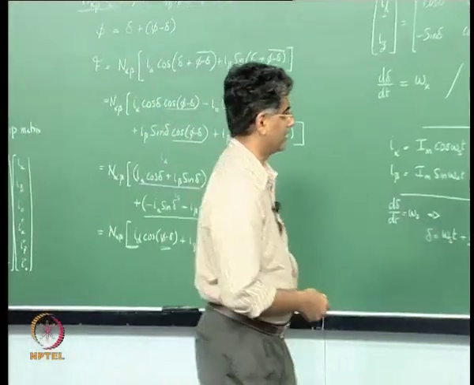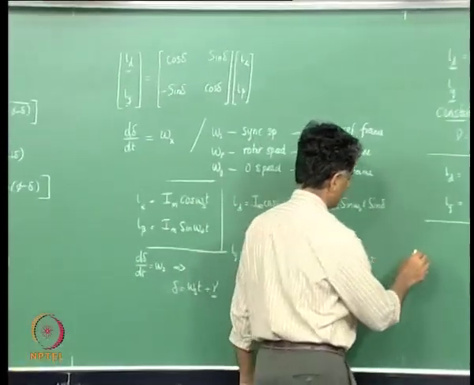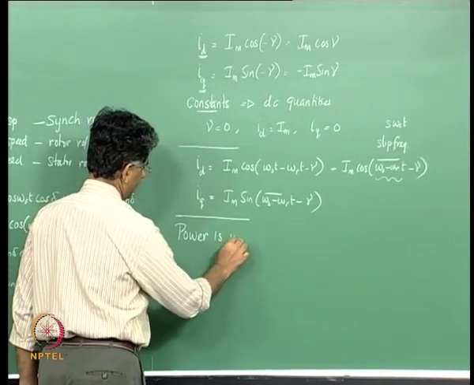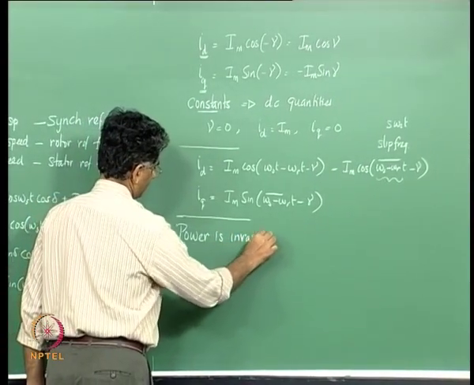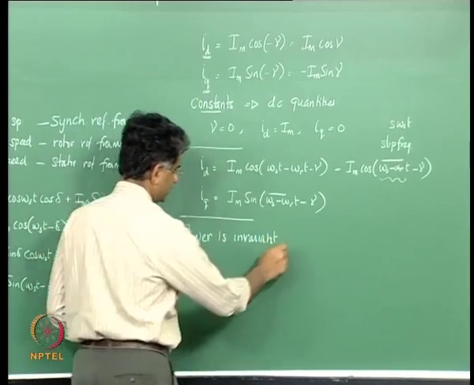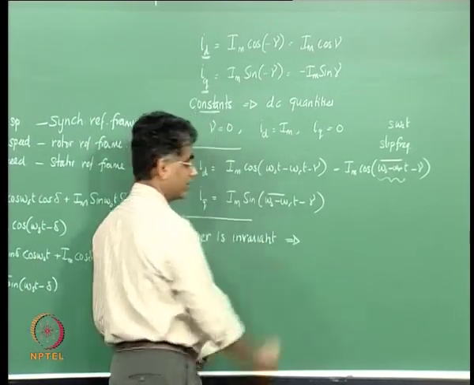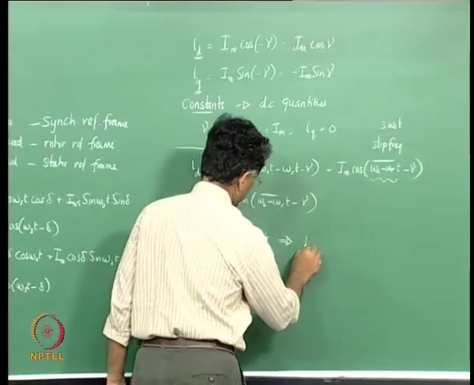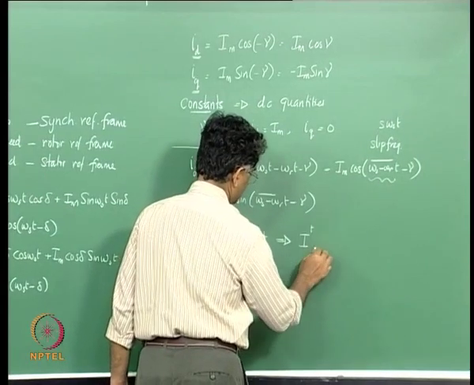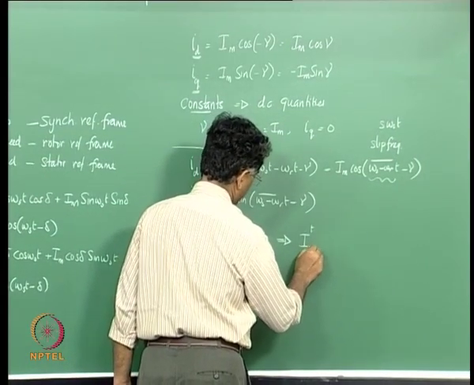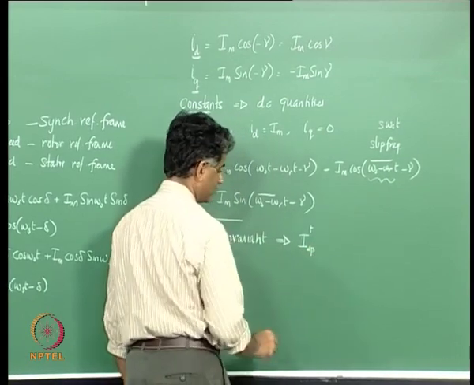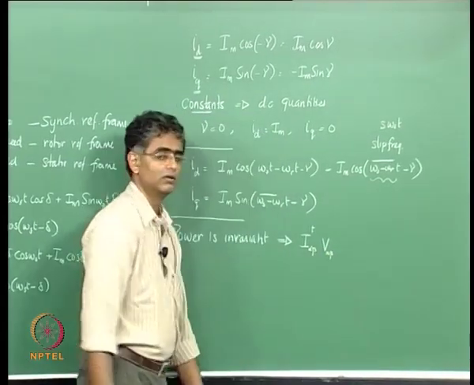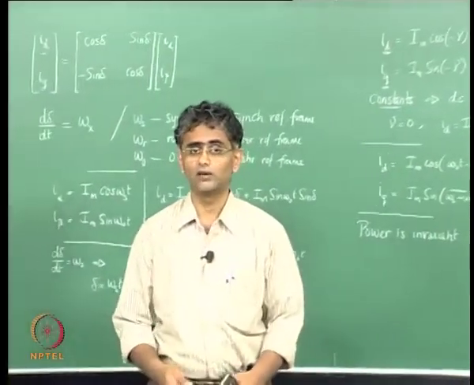In order to get that, let us assume that power is invariant, which means that the net power in the alpha beta reference frame can be written as I transpose V, where I and V are the current and input voltage in the alpha beta reference frame.